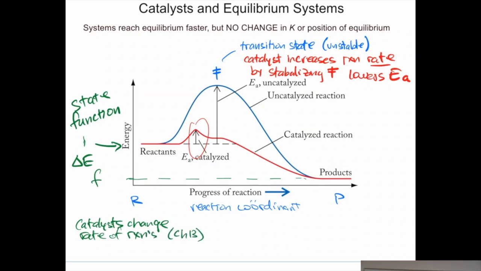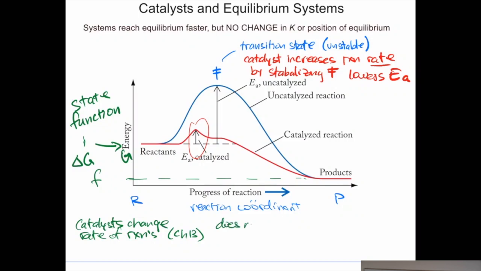But what does it do with respect to the change in energy? Here, let's call it free energy so you can even recognize what's happening here. Let's call that delta G, and let's call this free energy. What's it doing to delta G? Is the catalyst changing delta G? No. It's a state function.